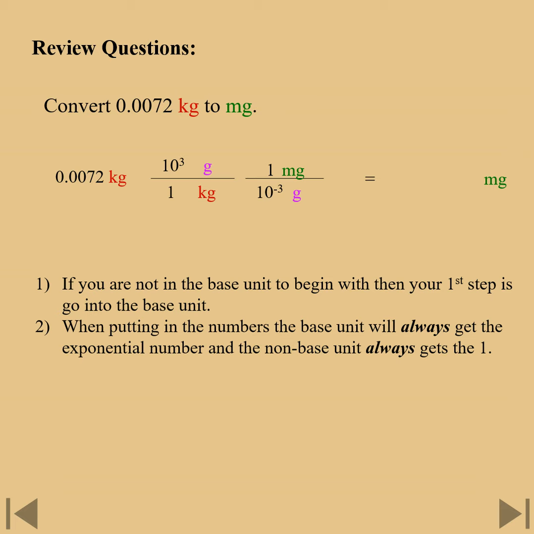My original number has two significant figures, and so I'm going to have two significant figures in my final answer. My original number is 7.2 times 10 to the negative 3. I'm going to take that negative 3 and add the positive 3, and then subtract that negative 3 at the bottom. And negative 3 plus positive 3 is 0. 0 minus negative 3 gives us positive 3 for 7.2 times 10 to the positive third milligrams.